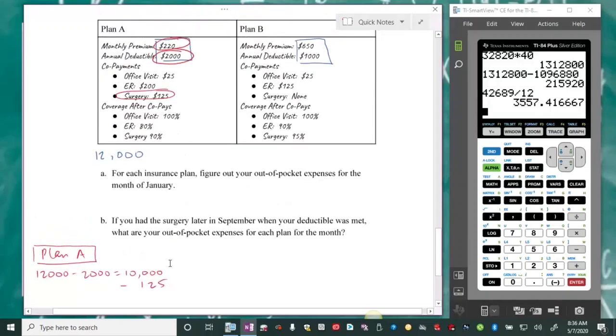Actually, to keep things cleaner, let me do it this way. I'm going to keep where I've got. Okay, so I'm going to take the 10,000 and subtract the 125.